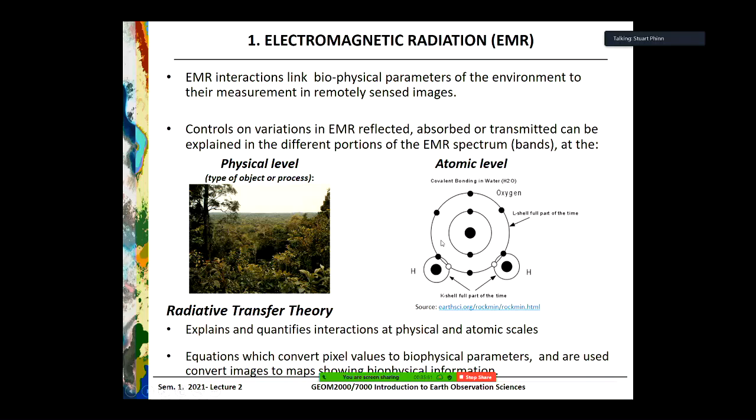So in the water bodies that we're looking at, the concentration of suspended sediment directly controls how much red light, or the number of red photons, which are scattered. So when we develop equations that convert pixel reflectance or absorption to biophysical parameters, we use this radiation transfer theory information.